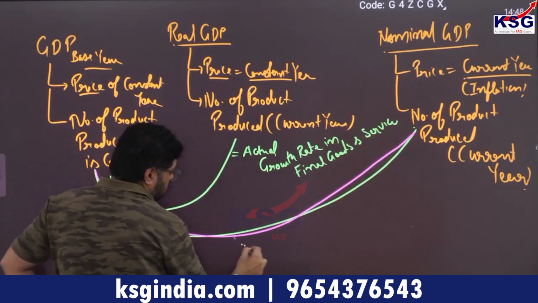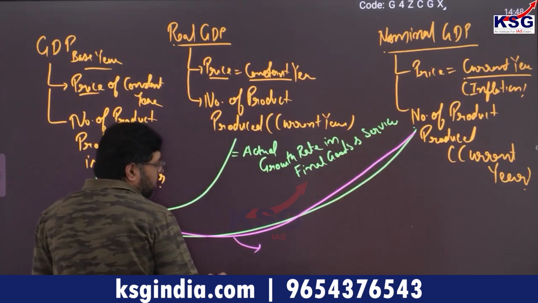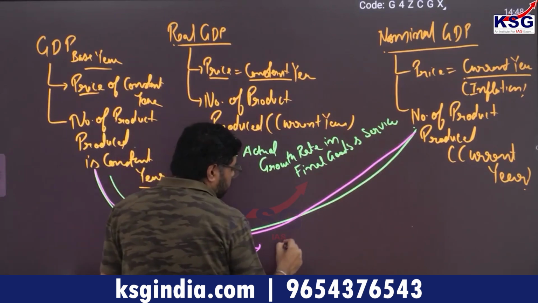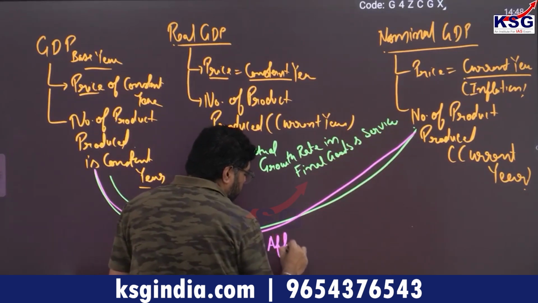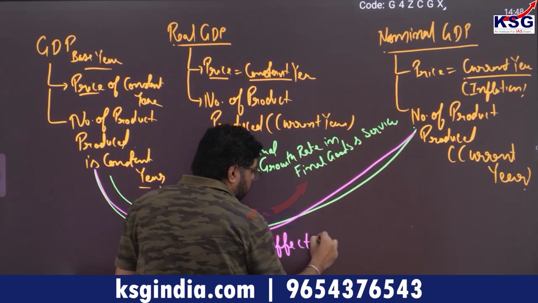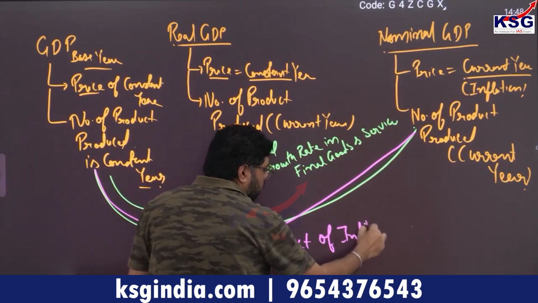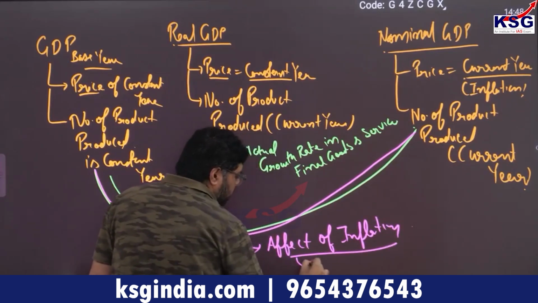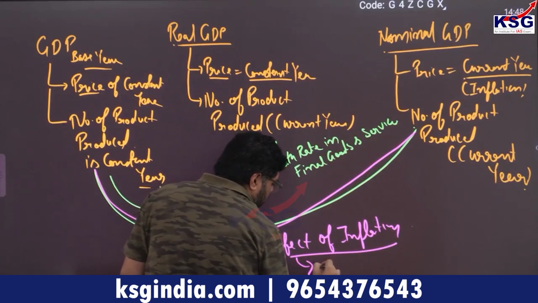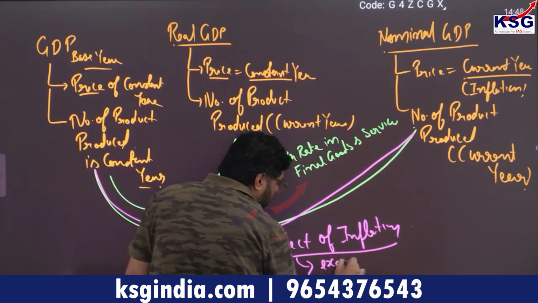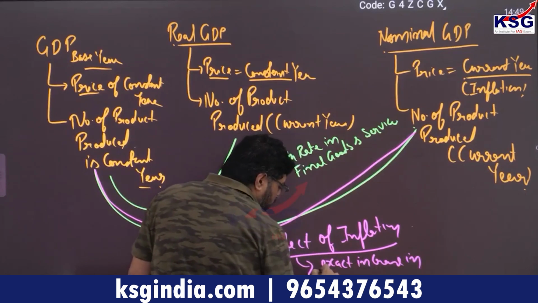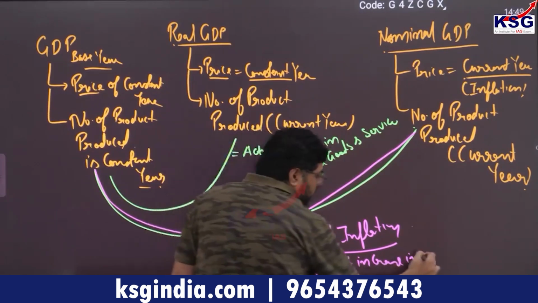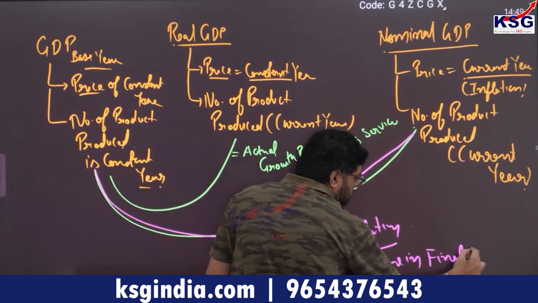Compare with this, okay, clear? So whatever growth we have, there will be the effect of inflation, and hence we don't know about the exact increase in final goods and services.